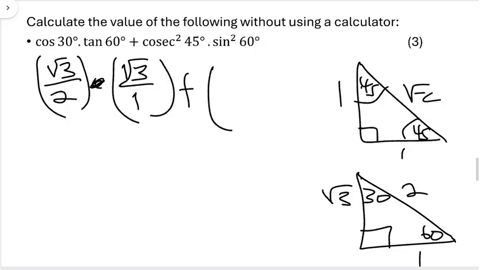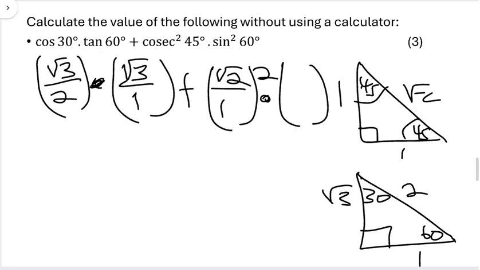Cosec is the reciprocal of sine, which means it's going to be hypotenuse over opposite, squared, times sine of 60 squared. So sine of 60 is square root 3 over 2. You can just substitute it as it is in your calculator and get the final answer. I'll try to do it manually.